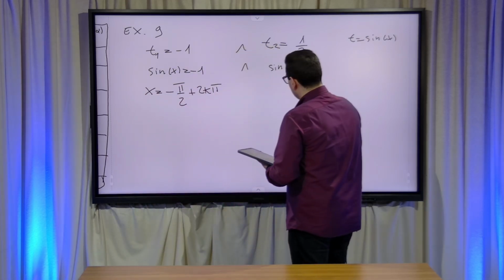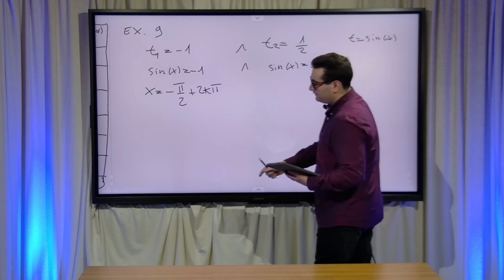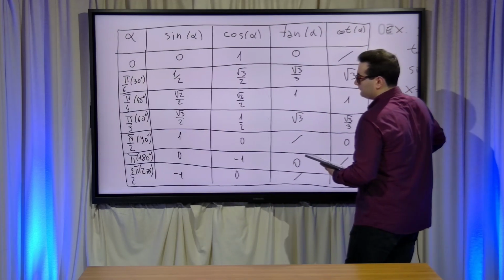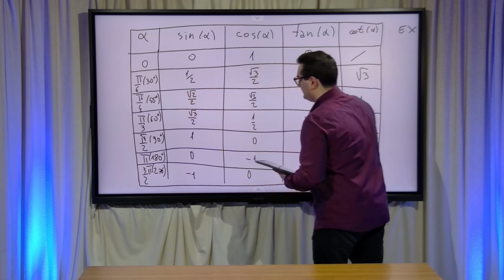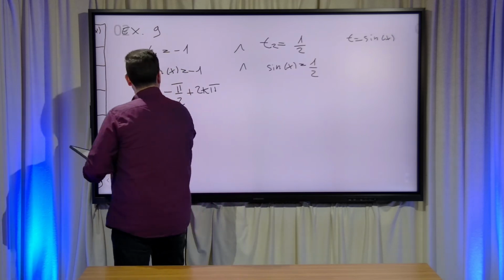The second solution: the sine of x is equal to 1/2. Let's look in the table. I can see it when the angle is 30 degrees, so pi over 6.